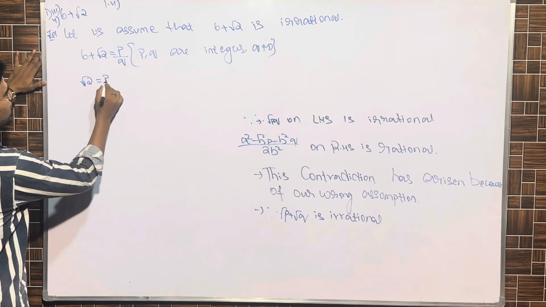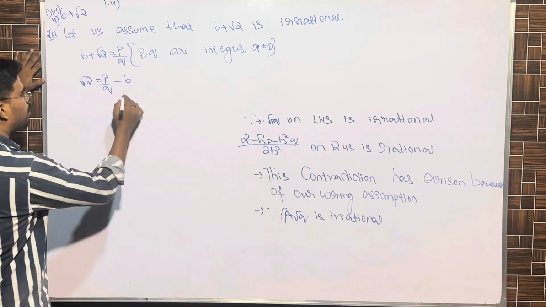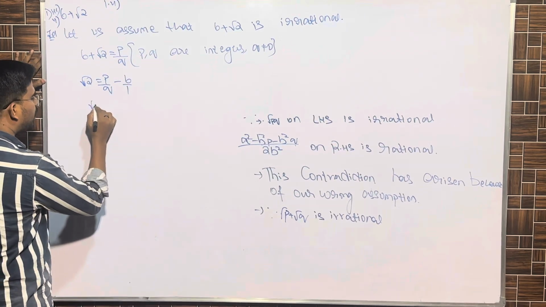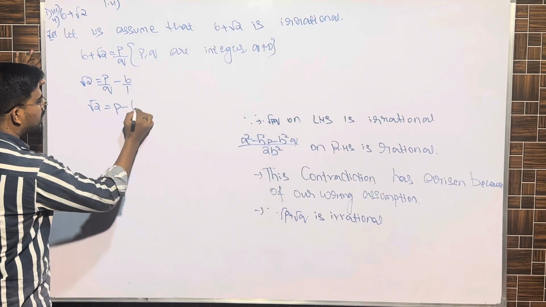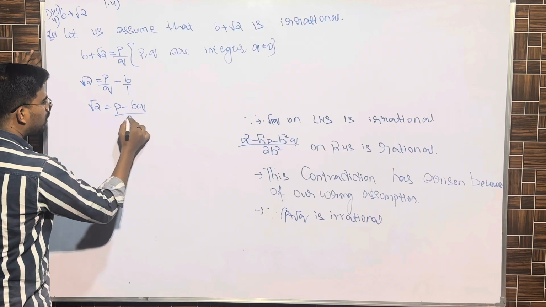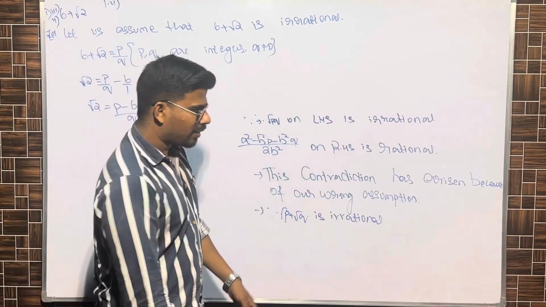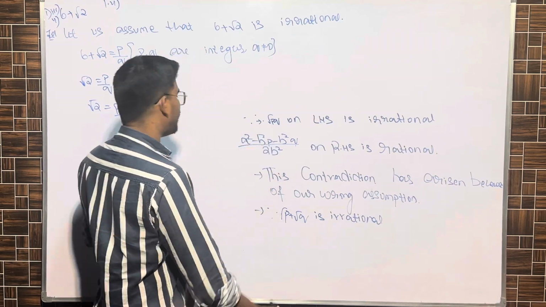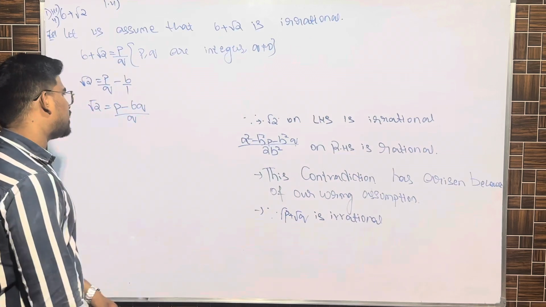Root 2 is equal to p by q minus 6. If I transfer the 6 to the other side, it becomes minus 6 divided by 1. Cross multiply. Root 2 is equal to p into 1, p minus q into 6, 6q, by q into 1, q. That's all. Completed. Here, in place of root pq, all you have to write is root 2 on LHS is irrational.